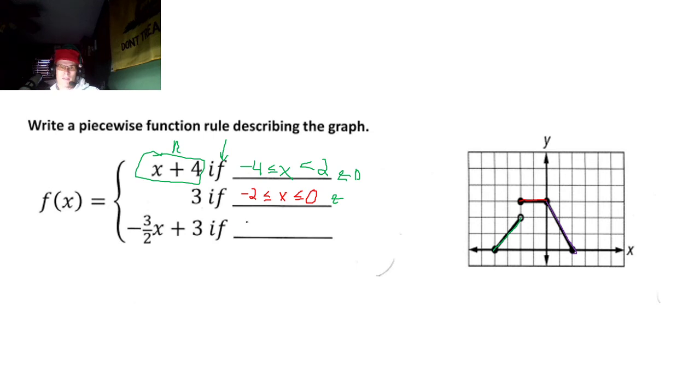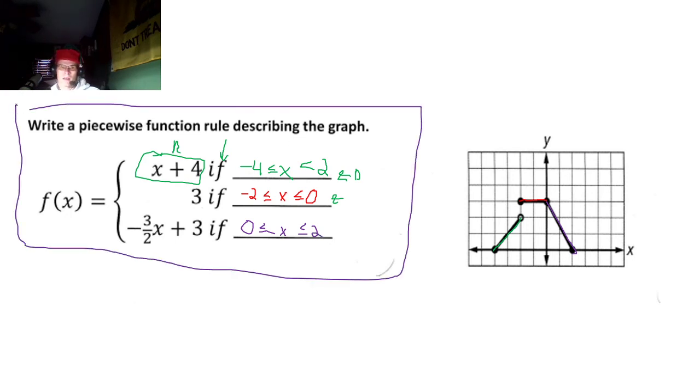So it is if 0 is less than or equal to x is less than or equal to 2. So for these types of problems, all you're doing is finding the domain that resembles these ranges, okay? So you got to determine, okay, what line represents x plus 4, or which one could possibly, and then you just write the domain for those.